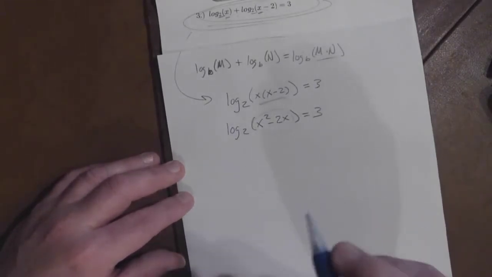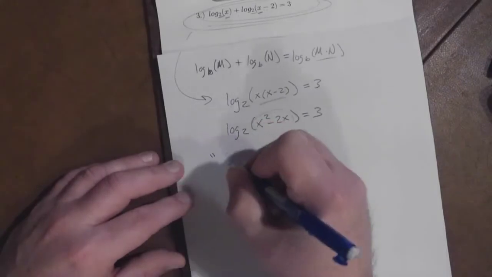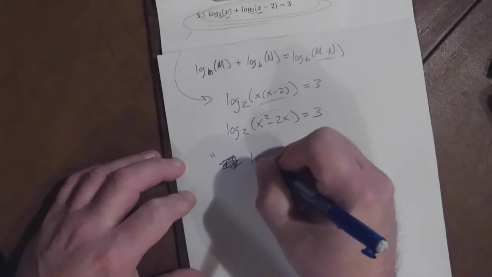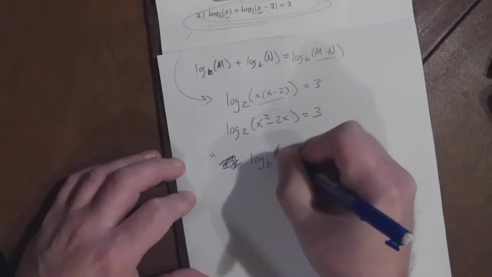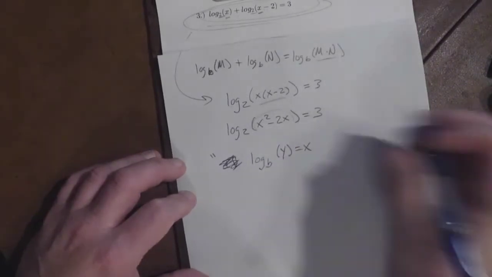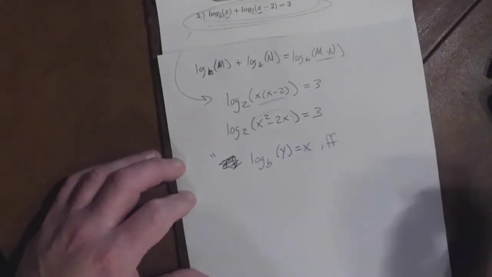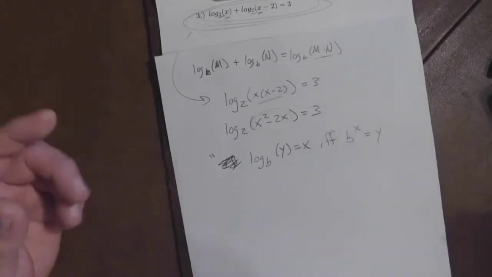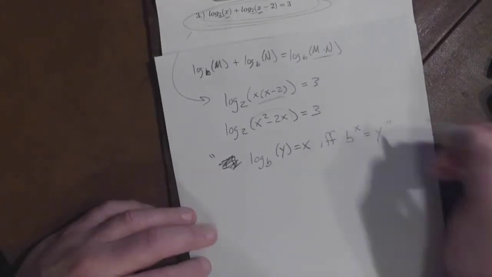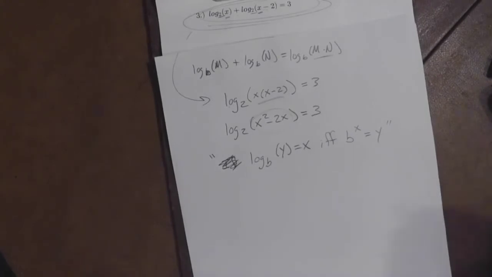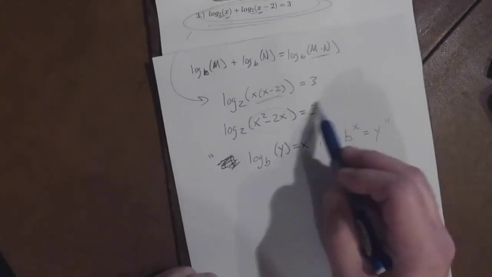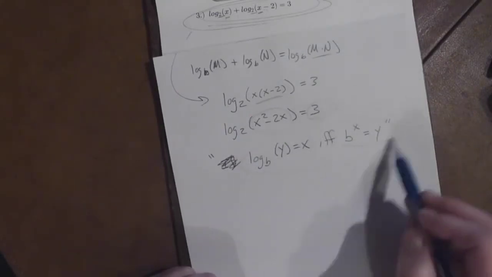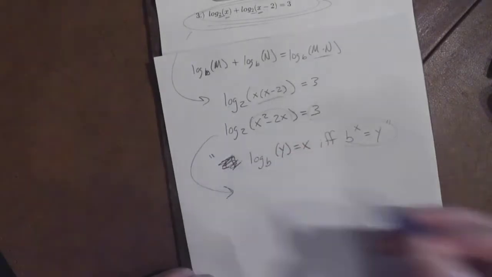And what we're going to do is go back to and rely on that idea, let's say it this way: the log base b of y equals x if and only if b raised to the x power is equal to y in value. We're going to go back to that fundamental understanding of a logarithm to help us solve this. Because I do not have a logarithm on the right-hand side, I can apply this idea and consider rewriting it as an exponential equation.